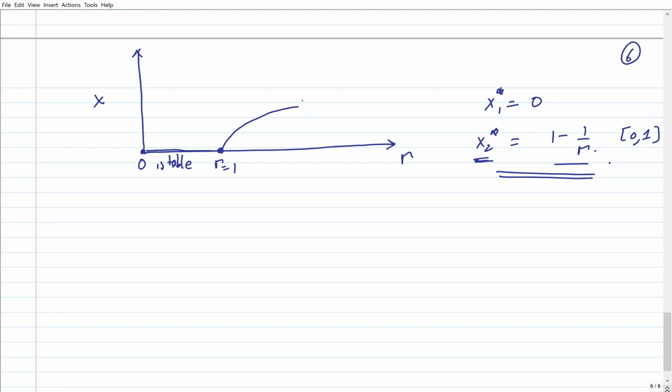And this guy is stable till R equals 3. That would be the location of a period doubling, which you are going to see now, but that's the idea. The other fixed point is stable.